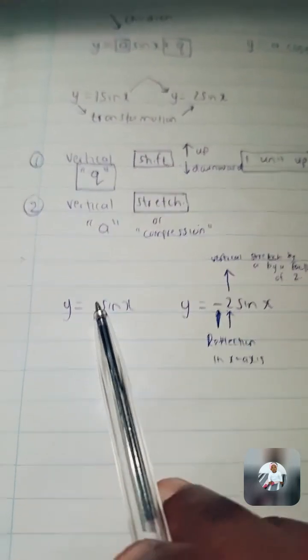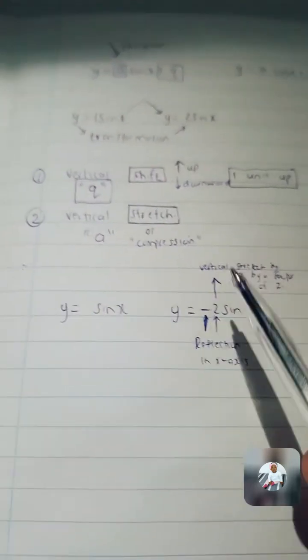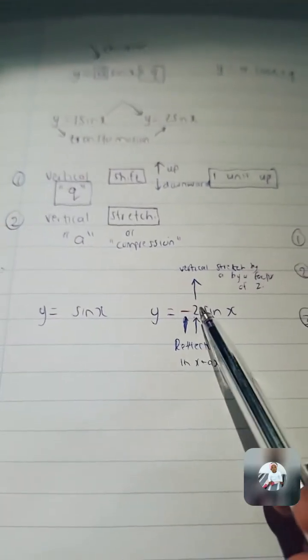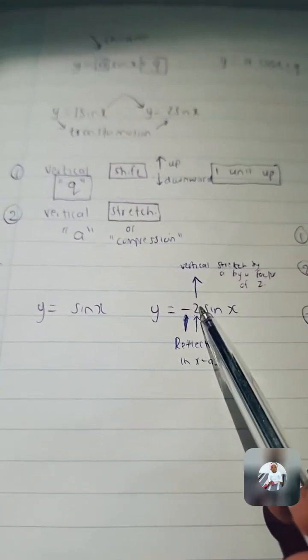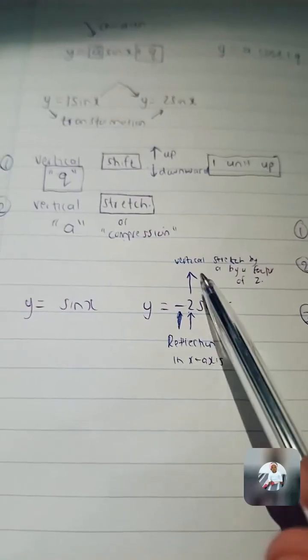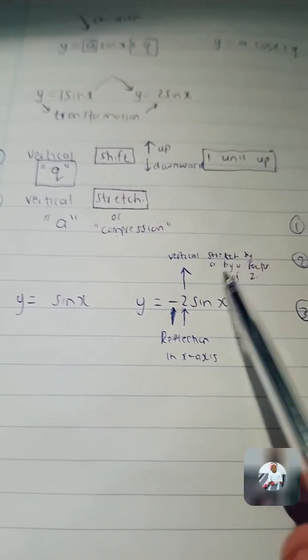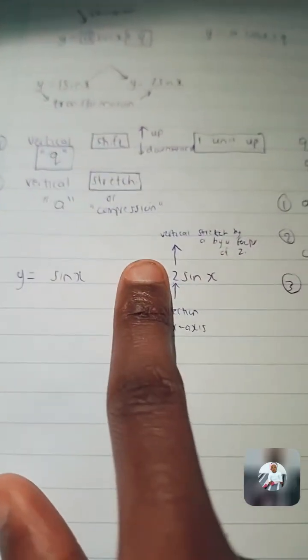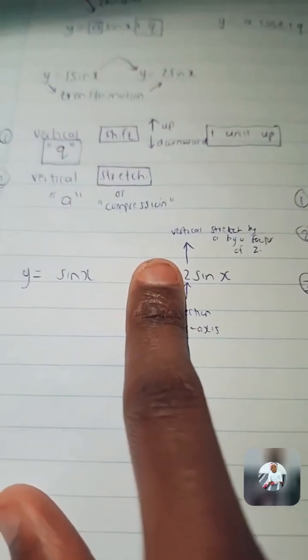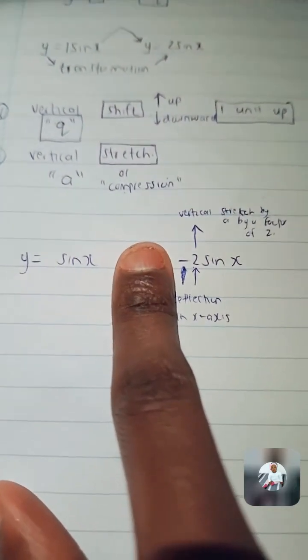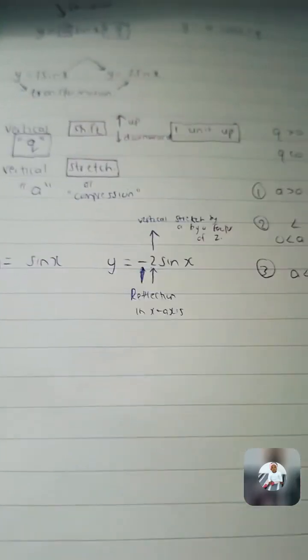The coefficient of sine x is positive 1. So what happened for it to have -2? You can speak to these independently. You could say, first, the function vertically stretched by a factor of 2. That's excluding the negative sign. Then it reflected in the x-axis.